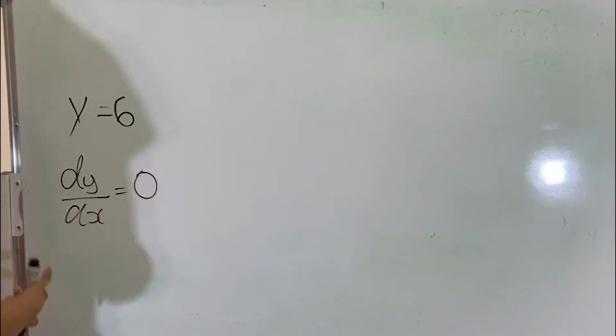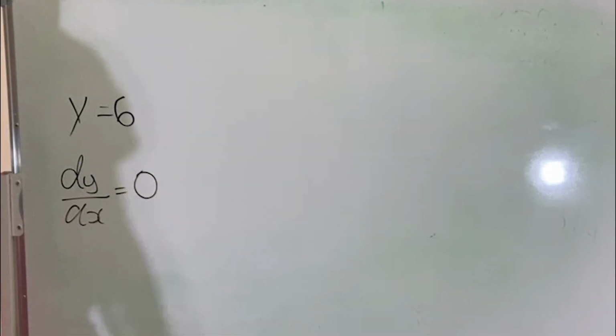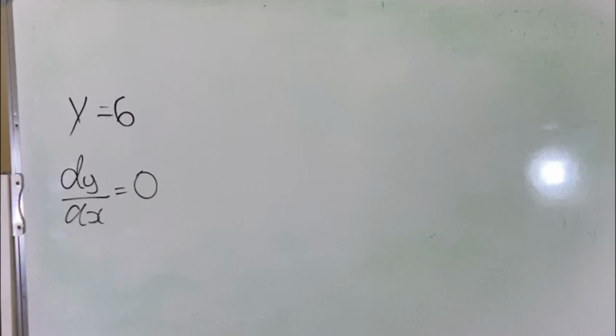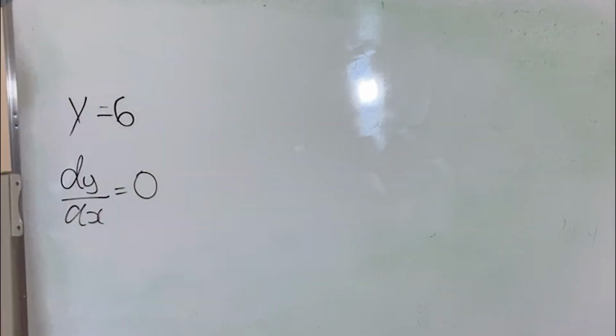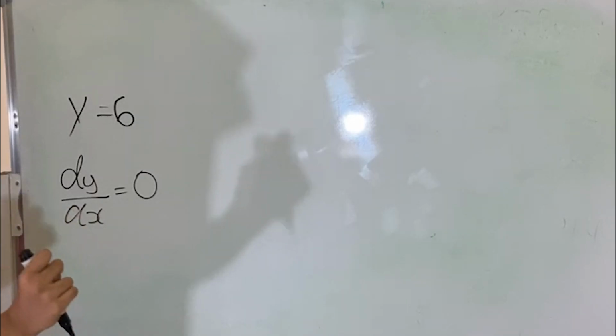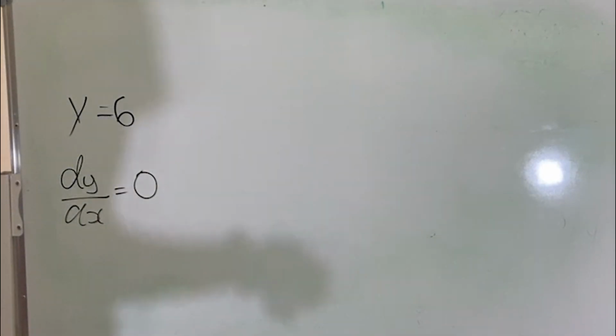It doesn't matter what number it is, if it is 7, 8, 3, 2, 1, or whatever. If the expression is a number, the derivative of it is going to be 0.